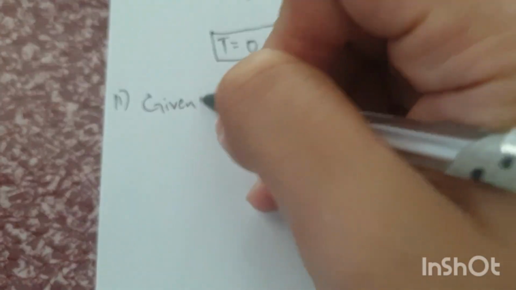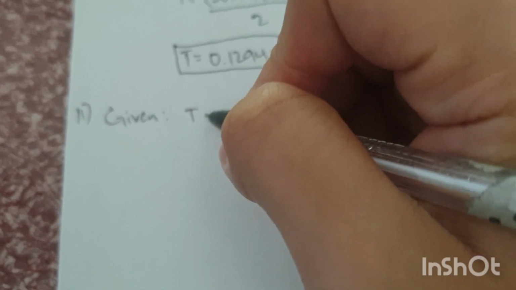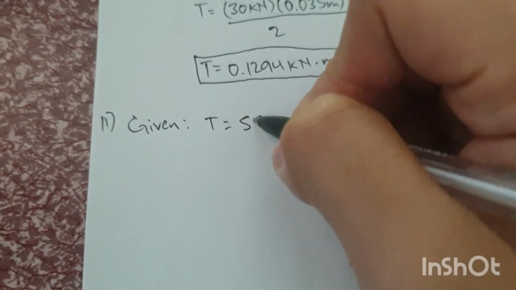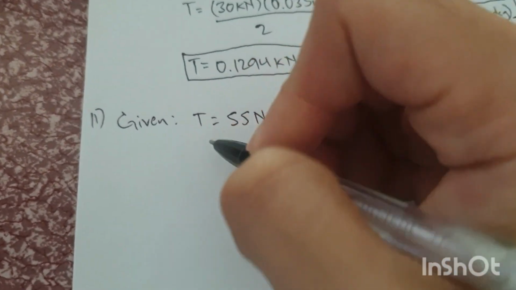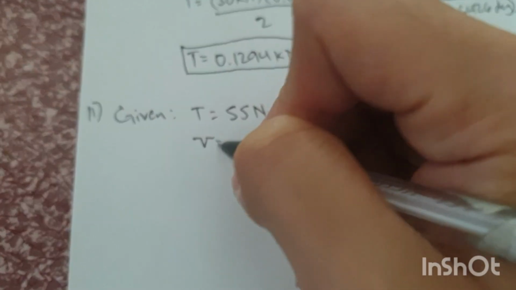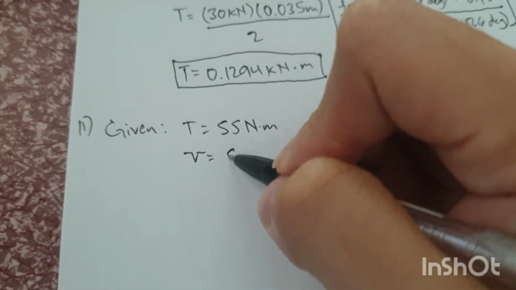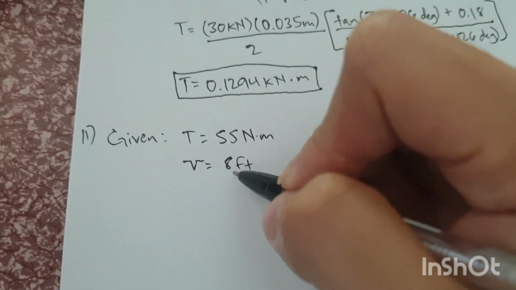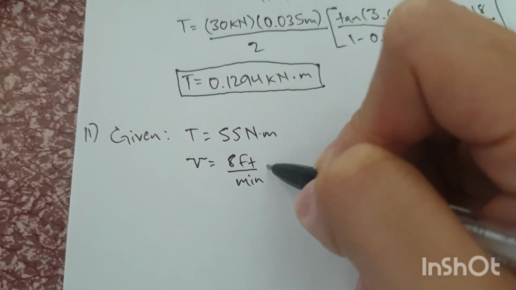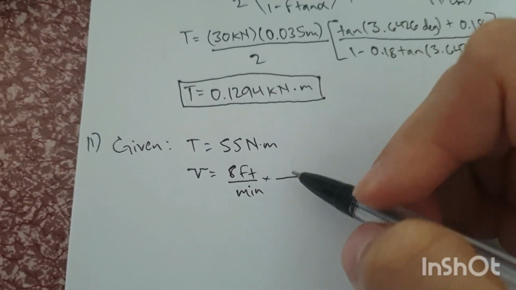So for number 11, we are given a torque which is equivalent to 55 Newton meter, a velocity of 8 feet per minute, but we should convert it to meters for consistency.